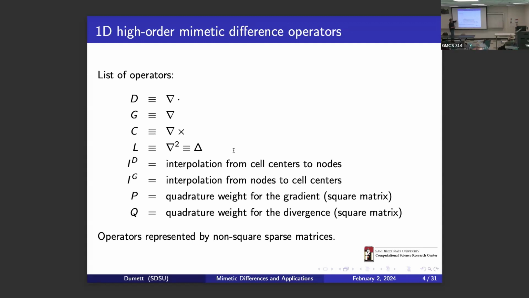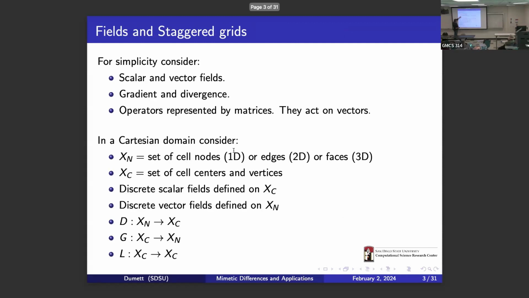And again, D, for instance, the gradient, as we said, goes from Xc to Xn. These are two different sets. Does the interpolation have to do with that mapping from one space to the other? I'm using space loosely, but is that what the interpolation has to do with? Yes, it will go from one grid to another, because there are two, one for the nodes and another one for the centers.